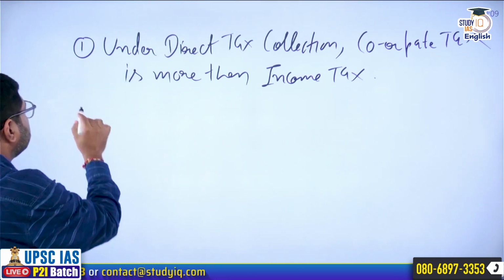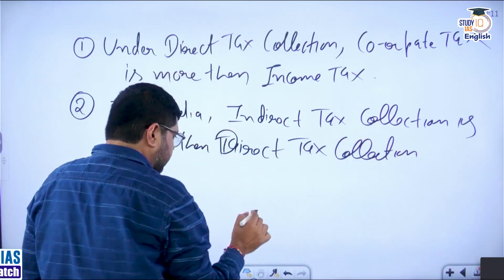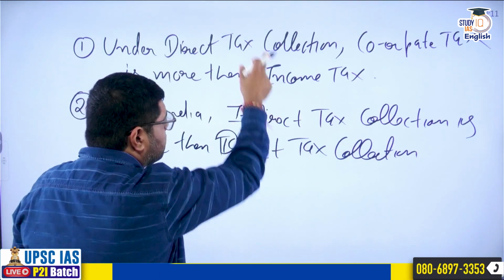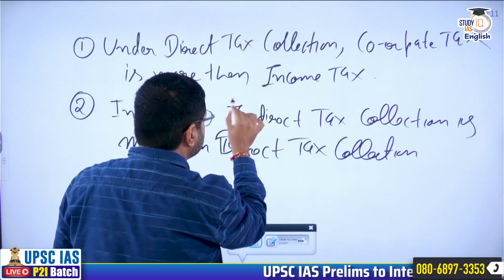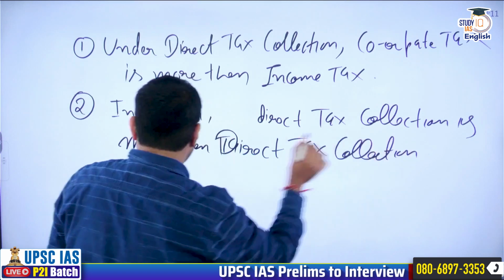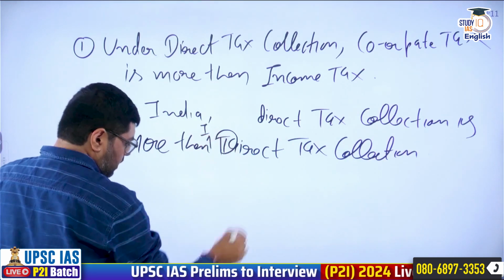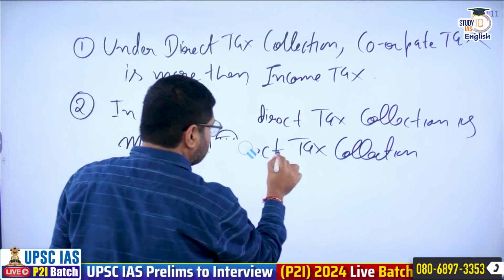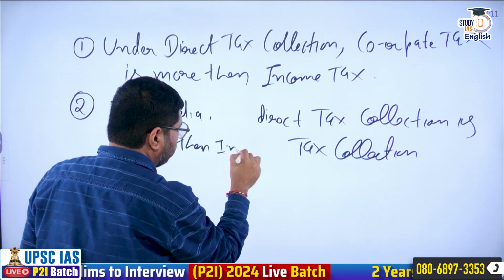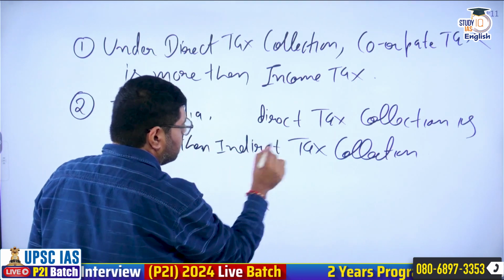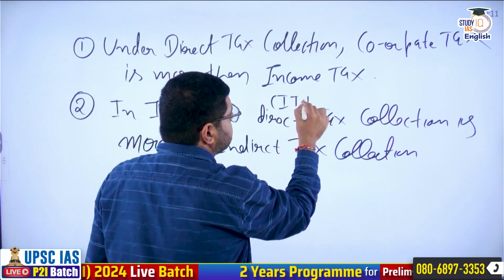Number 2: I said in India direct tax collection is more than indirect, so please reverse that statement. Direct tax collection is more than indirect tax collection, because direct tax includes income tax plus corporate tax.